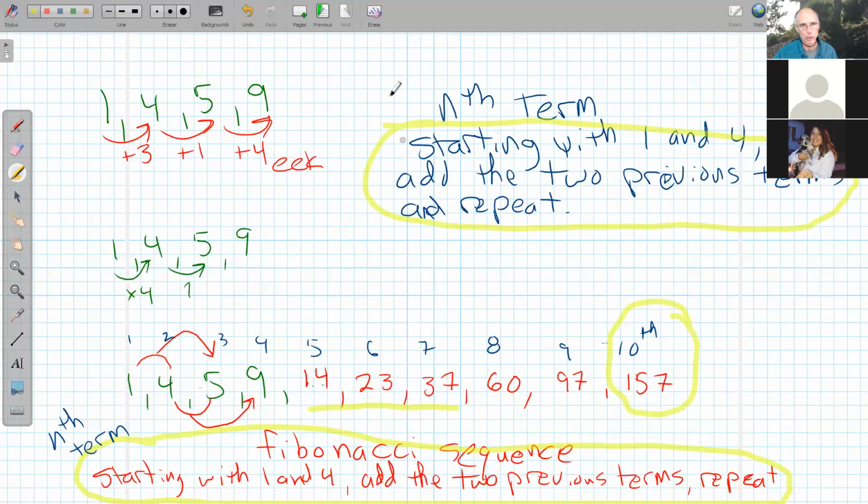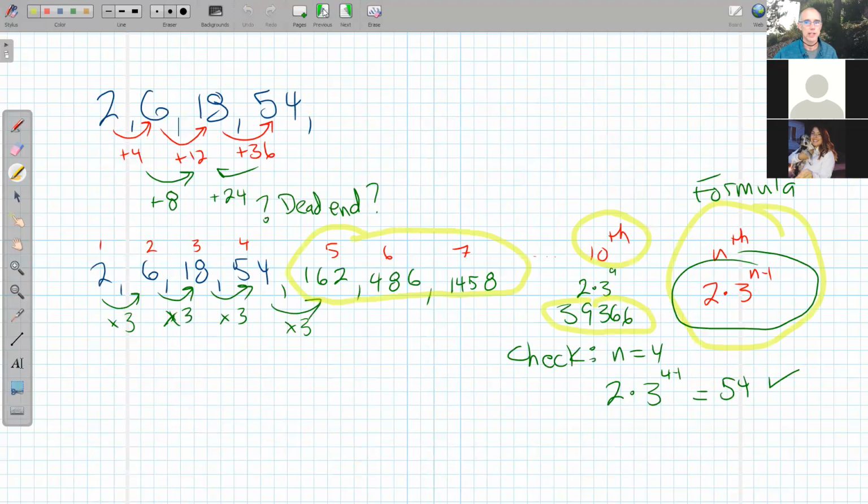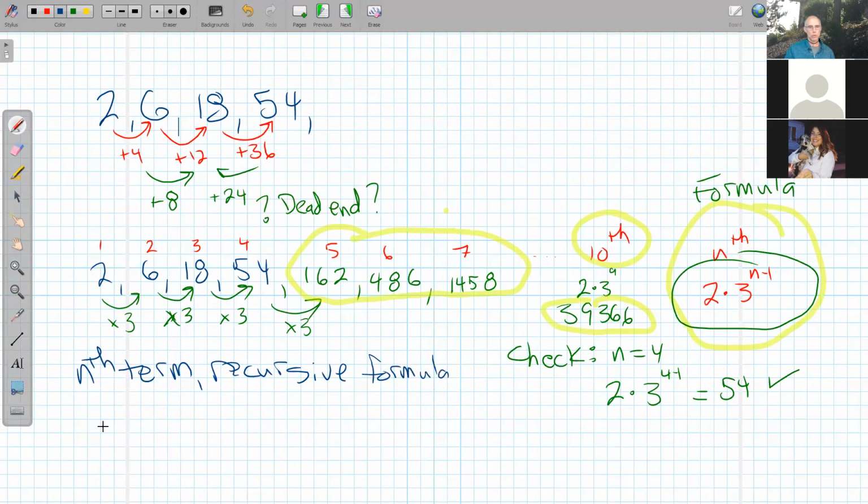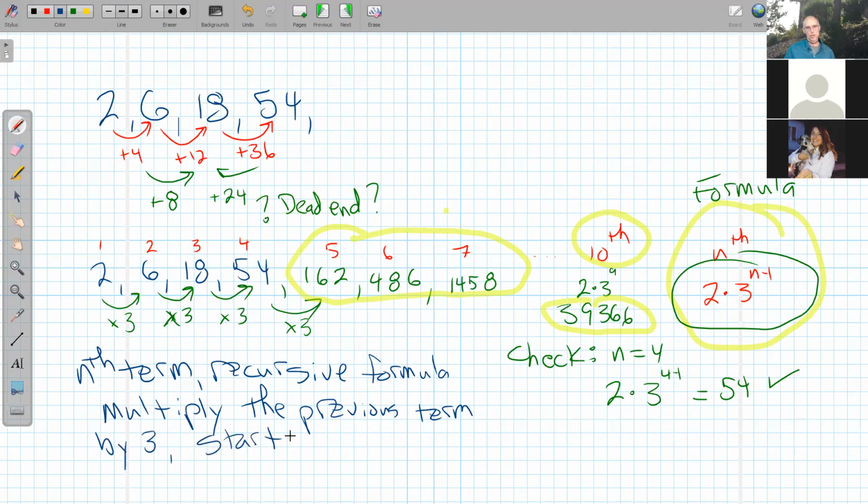So a similar formula for one of the previous examples, like say this one right here for a recursive formula. So nth term recursive formula would be to say multiply the previous term by 3, starting with 2.